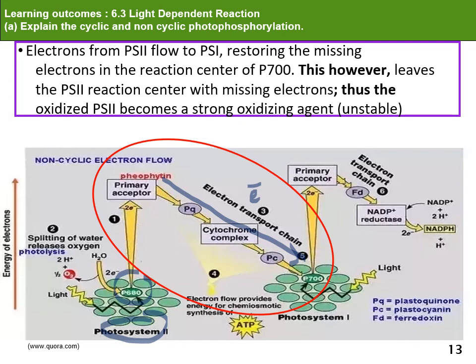Thus the oxidized photosystem 2 becomes a strong oxidizing agent and it is unstable. So what will happen? Photolysis of water will replace the electrons; the electrons from photolysis of water are used to stabilize chlorophyll in photosystem 2.